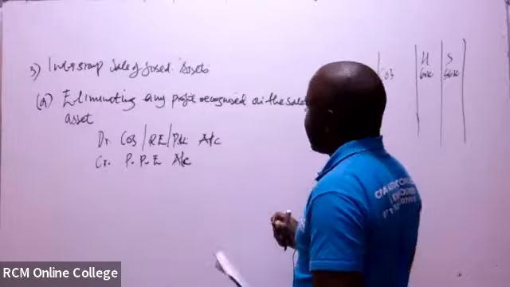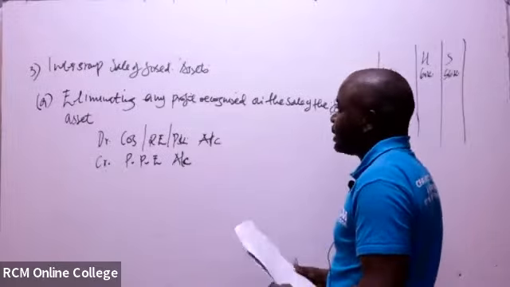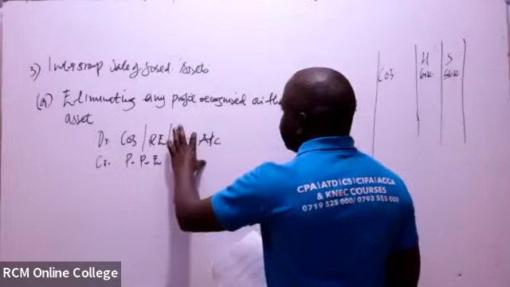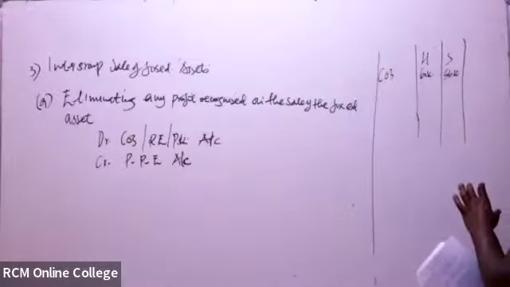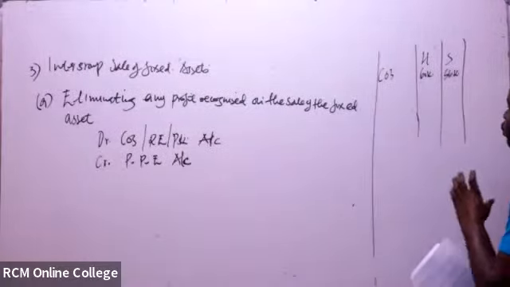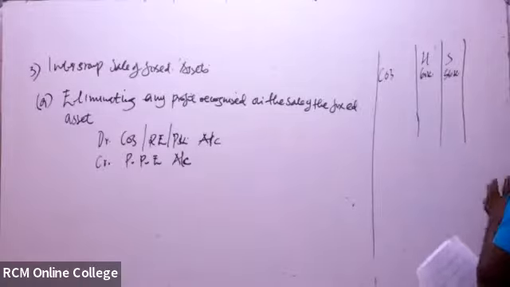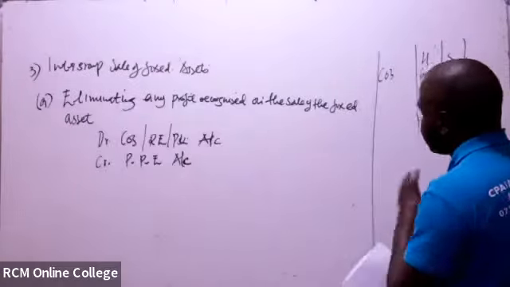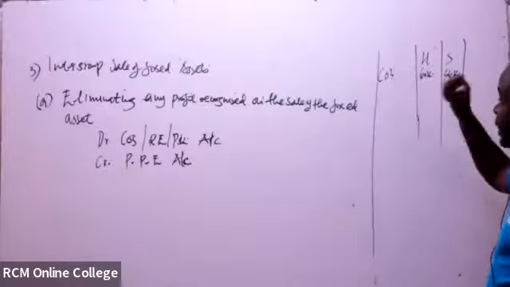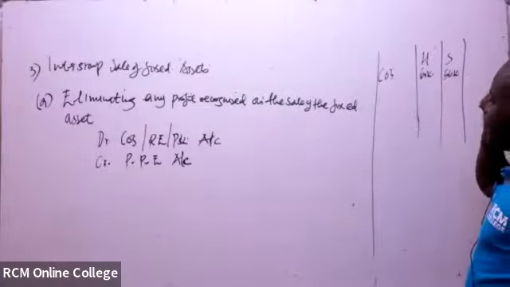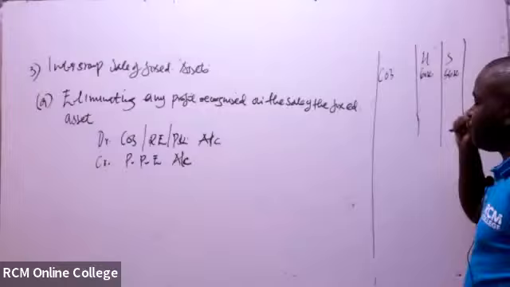Once you calculate it, you have to remember the entry. The most important thing is to remember these entries, because they'll guide you on which adjustments you will be making once you start consolidating. Consolidation is ideally combining what is in the income statement and what is in the statement of financial position.